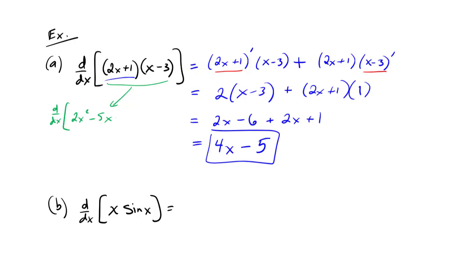And then minus 3. And then if I did this as the derivative of a polynomial, I would get the derivative of 2x squared, bring the 2 down, so 4x, and the derivative of minus 5x is minus 5, and now you see the answers are the same.